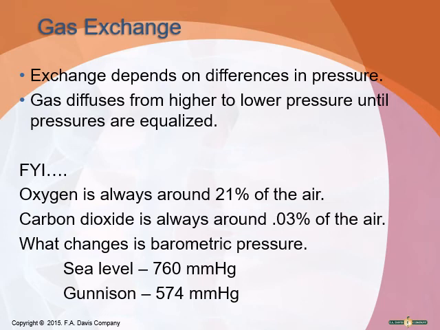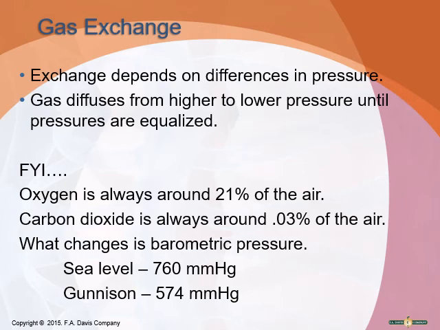In the case of the atmosphere, it would be the barometric pressure. So the partial pressure of oxygen at sea level is 159.6, and you would notate this as PO2. And the partial pressure of oxygen in Gunnison is 120.5 PO2.